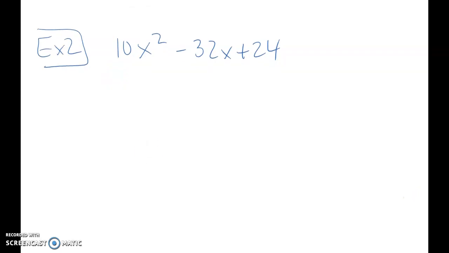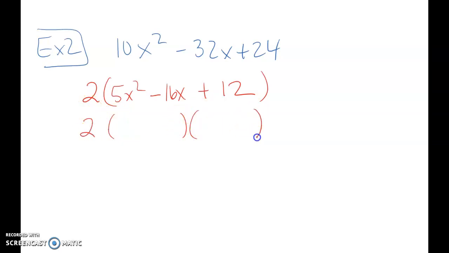So I'm looking for a GCF, and I know that 2 goes into all of these, so I'm going to divide that out. And I'm going to get 5x squared minus 16x plus 12. And so I just always double check to make sure that I did take out the greatest common factor. So 5, 16, and 12, nothing else goes into those. So I did take out the greatest. So this 2 is going to stay in the front, and I'm going to continue to break down this trinomial.